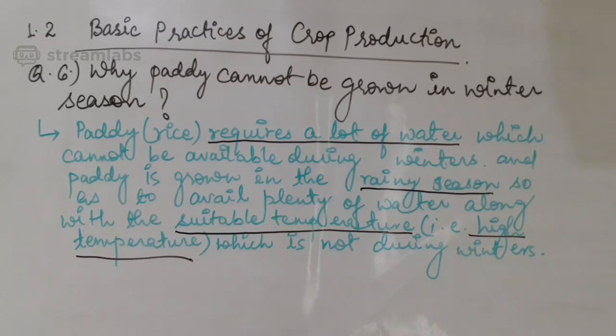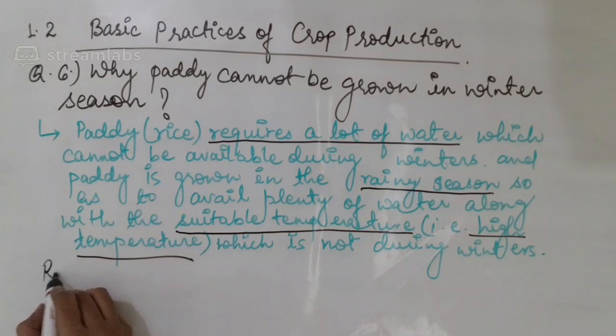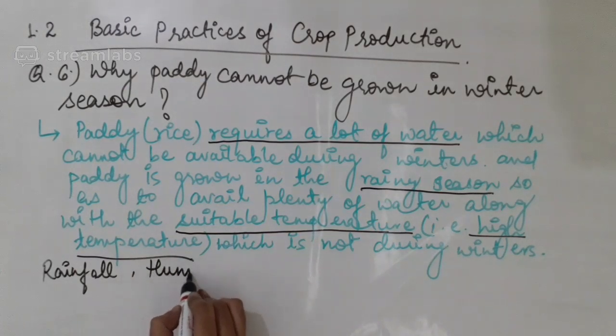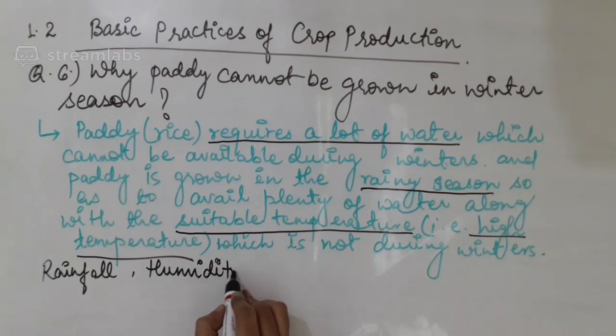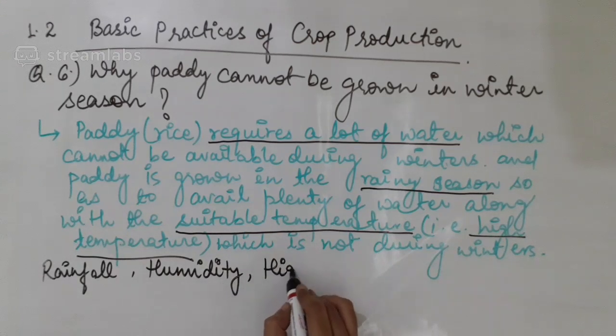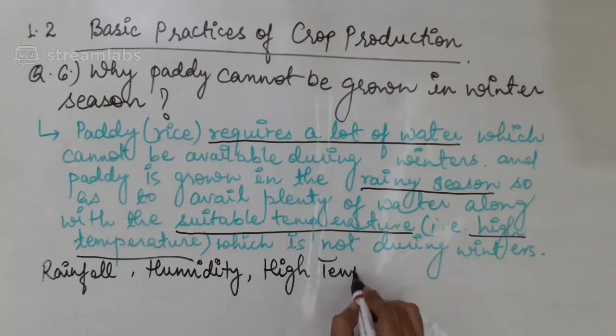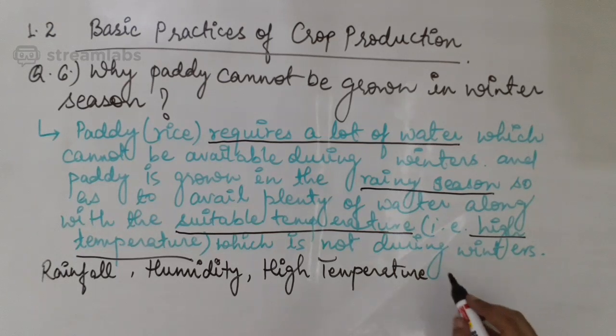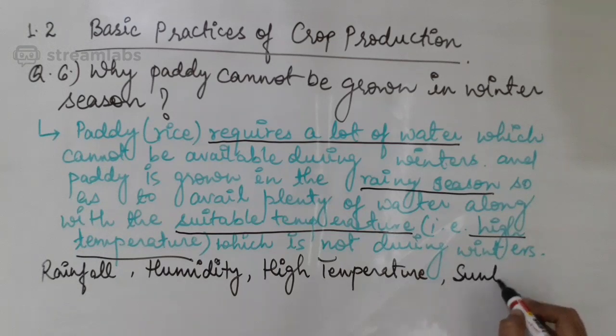So you can conclude that the rainy crops require rainfall, humidity, high temperature, and sunlight.